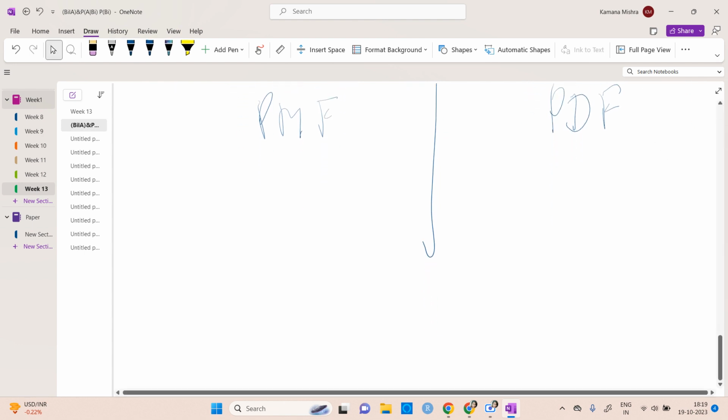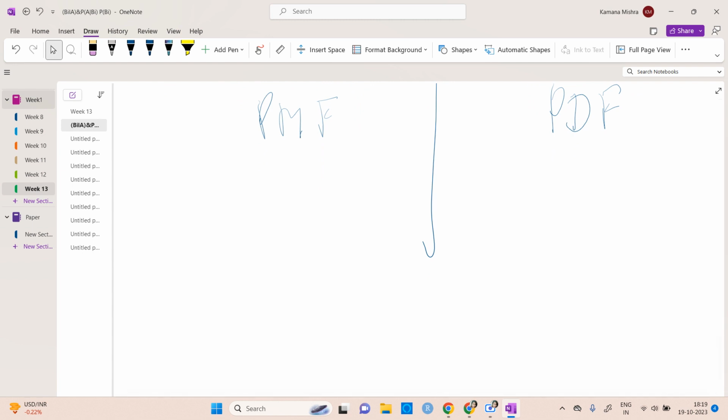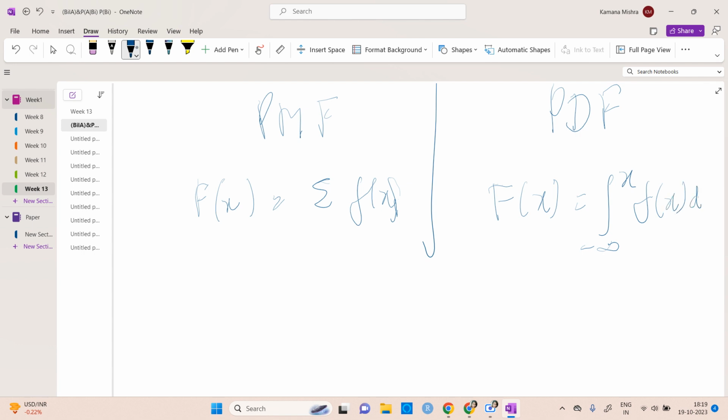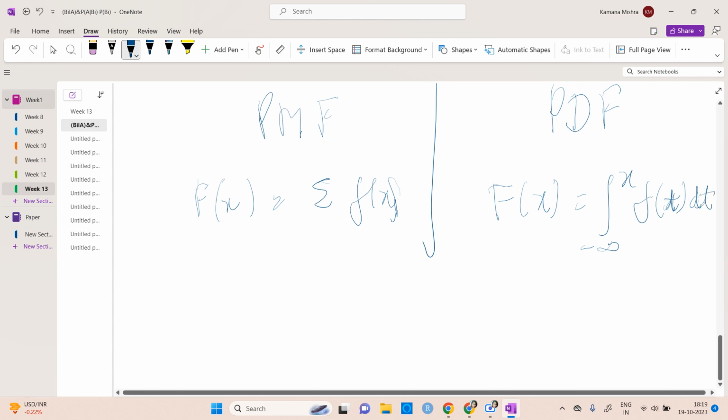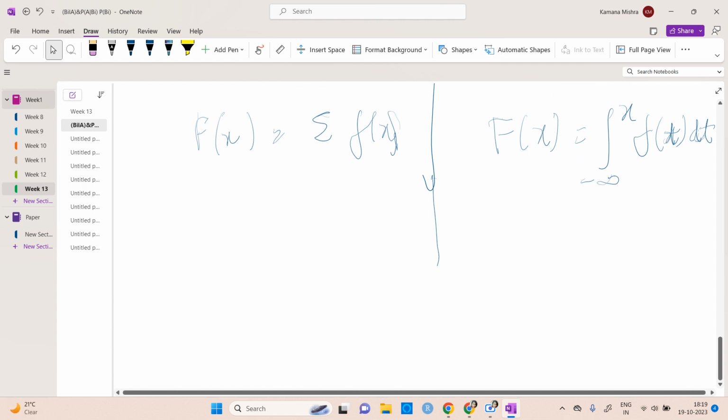For the discrete one we do this summation of f(x), and here we do this integration, minus infinity to x of f(t) dt, because x would come in the integration limit only.